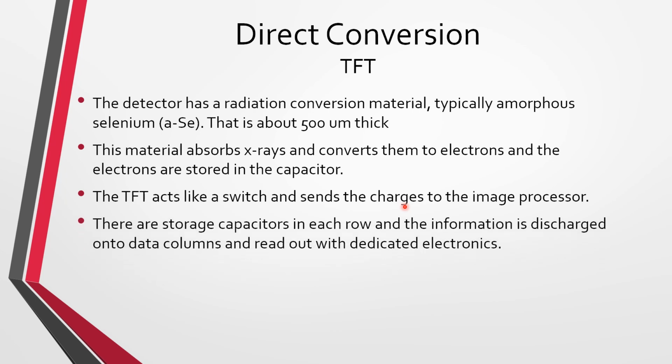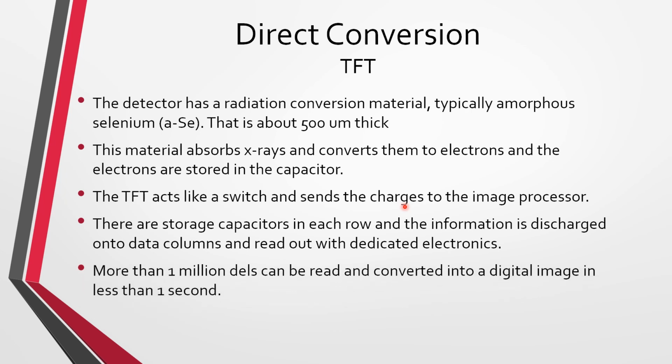There are storage capacitors in each row, and the information stored is discharged into the data columns and the readout columns with dedicated electronics. More than 1 million diodes can be read out and converted into a digital image in less than 1 second. So that's pretty phenomenal that 1 million diodes plus on the detector can all be read out and converted into the digital image in less than a second and be displayed by the display device of the X-ray room.